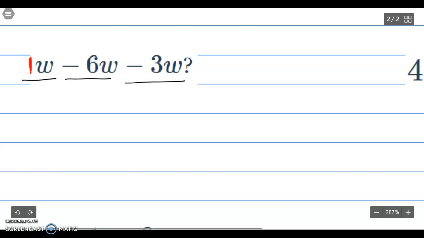Okay, so I've got a positive 1 plus a negative 6. Different signs, find the difference. 6 minus 1 is 5W, and since the 6 is bigger than the 1, we're going to make it negative. Then I'm just going to bring down this negative 3W.